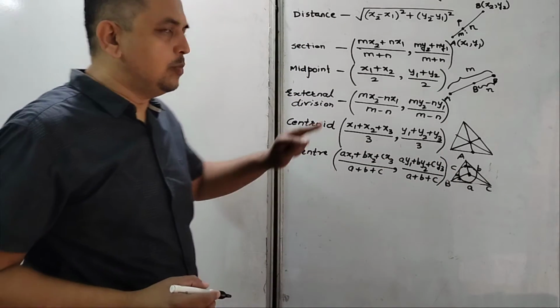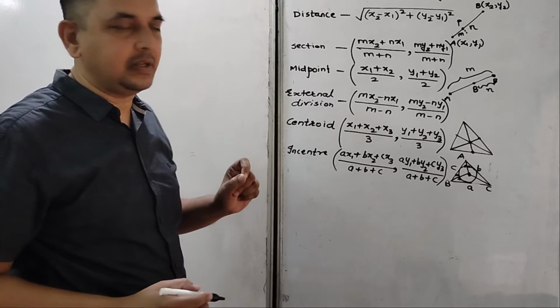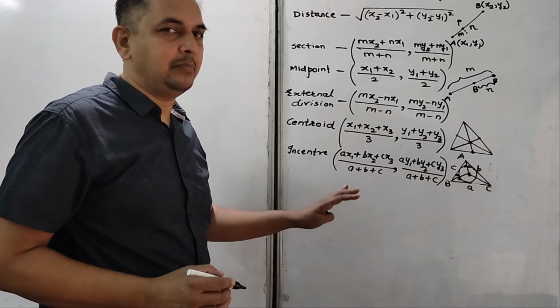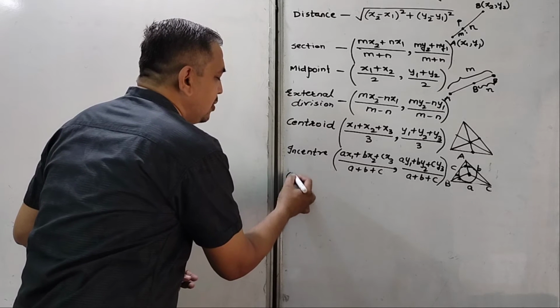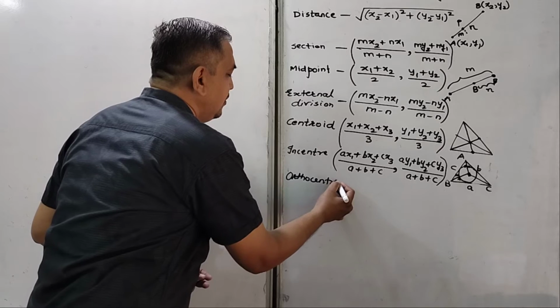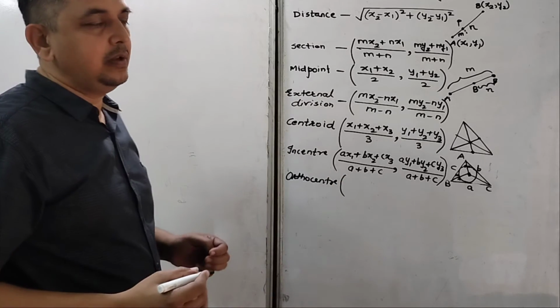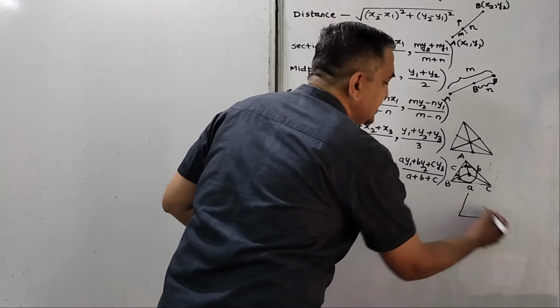Now there are two more formulae, one for orthocenter and one for circumcenter. I am giving it here, but they are not that important. So orthocenter. What is orthocenter? Orthocenter is when altitudes intersect each other.